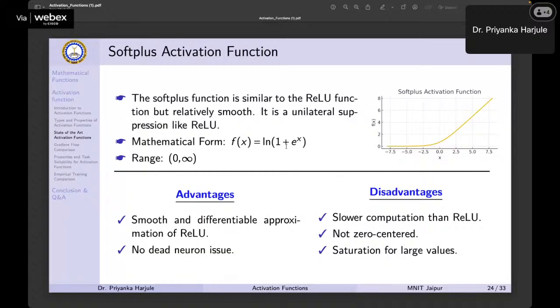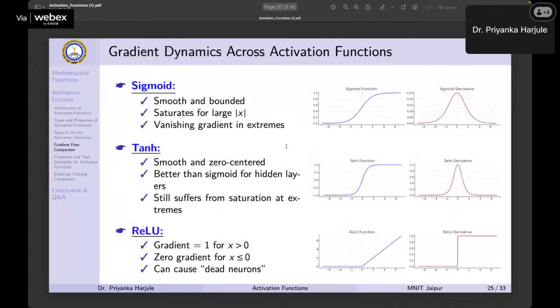So softplus is a nice, smooth and safe alternative to ReLU, especially when you want stable gradients and you're building a probabilistic model, or you want to avoid dead neurons. However, it's computationally costly and non-zero centered, which makes it a less popular choice for high speed or resource constrained applications.